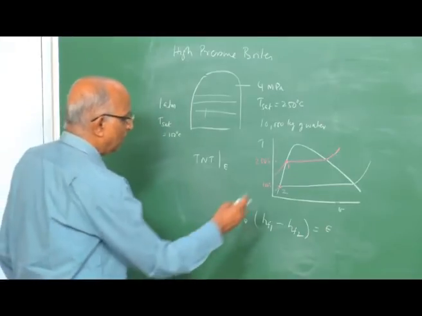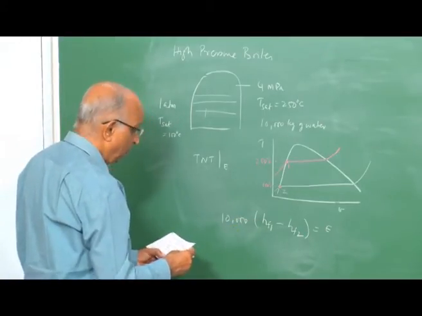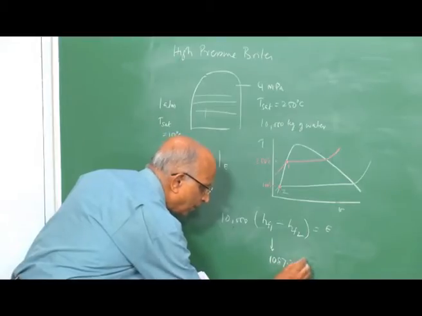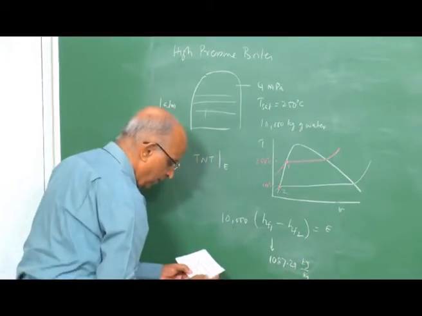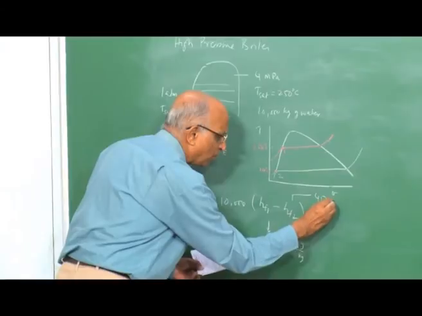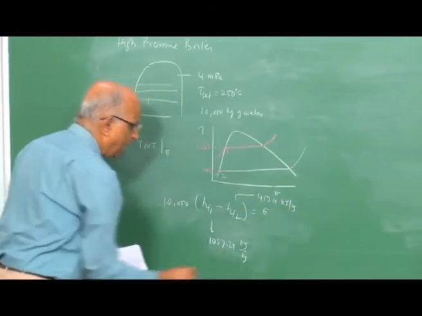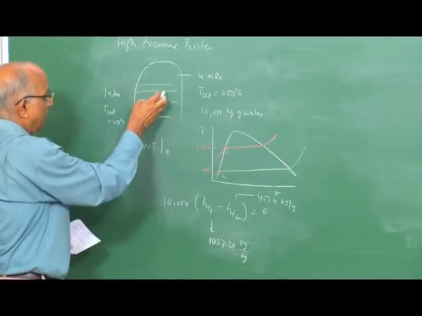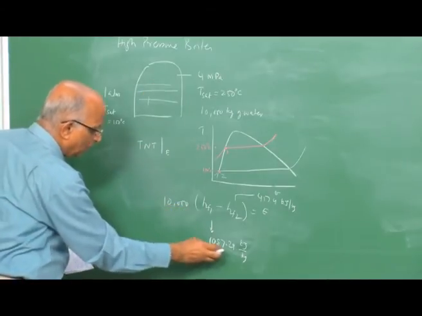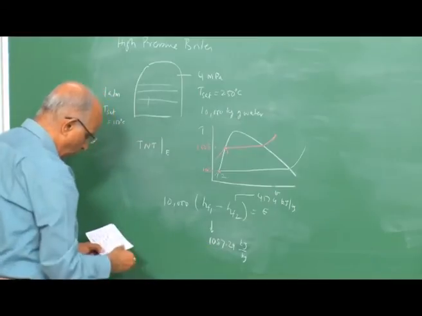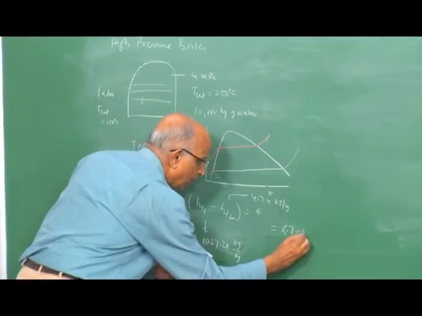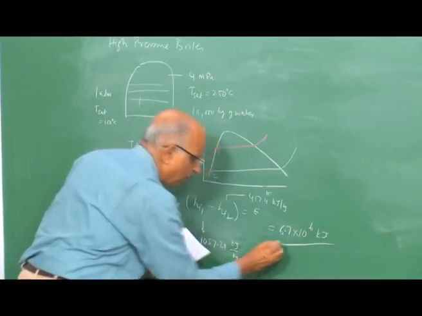We immediately look up the steam tables. We find HF1 is equal to 1087.29 kilojoules per kilogram. The value of HF2 corresponding to atmospheric pressure for water is 417.4 kilojoules per kilogram, and therefore, the energy released when this water flash evaporates, or when the boiler bursts, is 10,000 × (1087.29 − 417.4), which comes out to be 6.7 × 10^6 kilojoules.